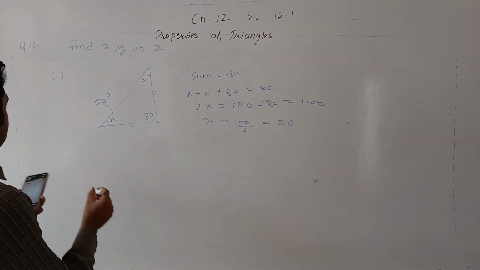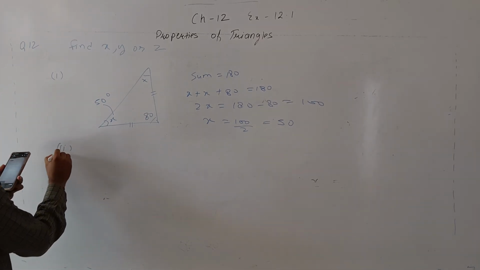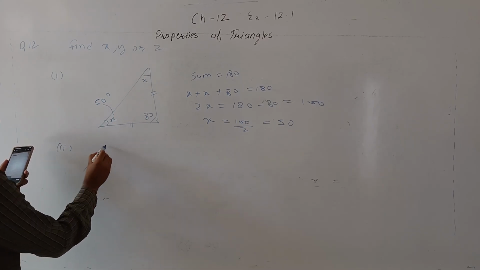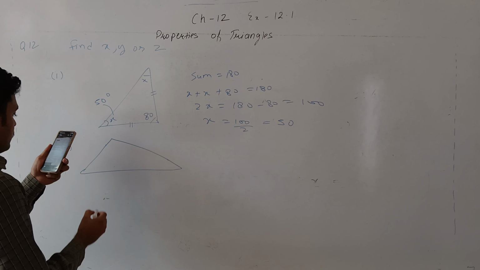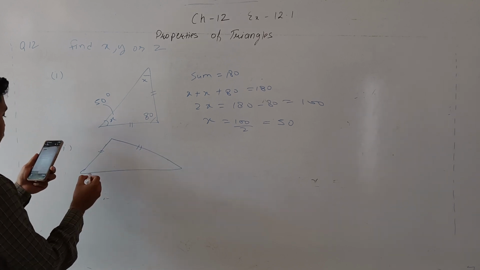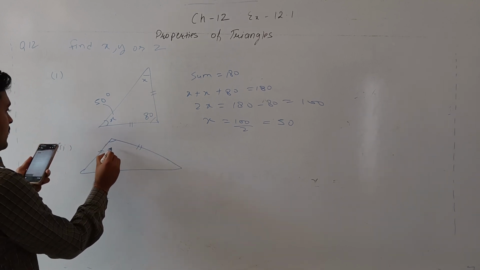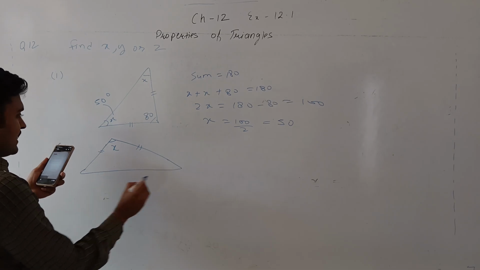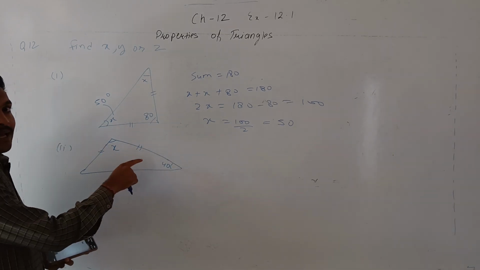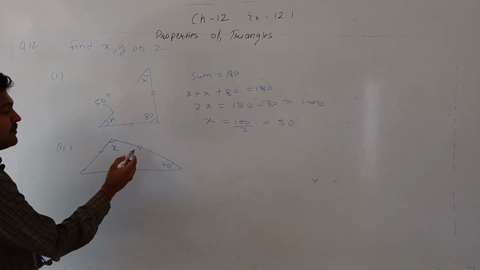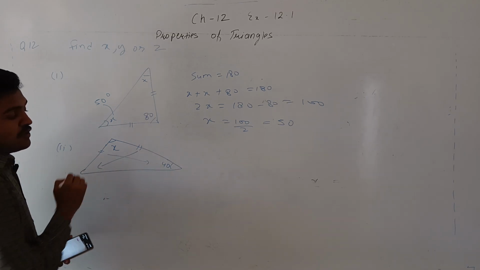So next question. It is given that these two sides are equal, and this angle is x and this angle is 40. Because these two sides are equal, the angles corresponding to these sides are also equal.